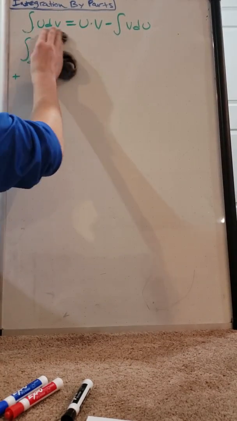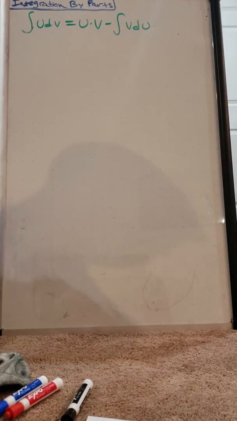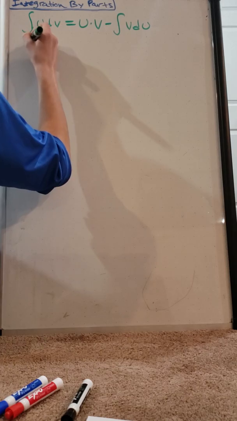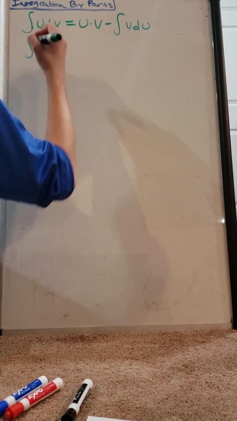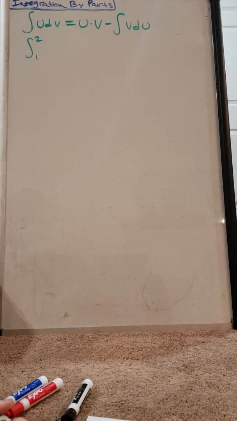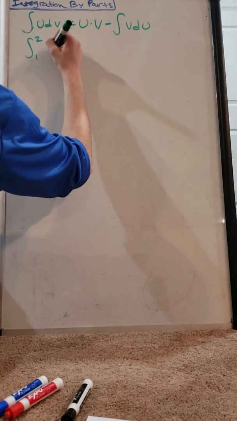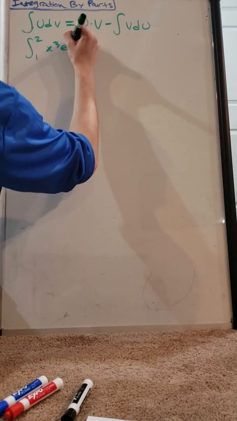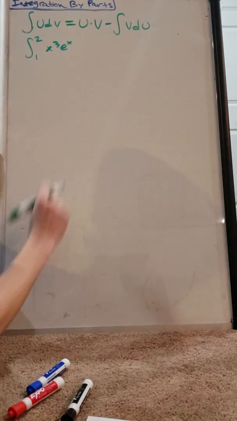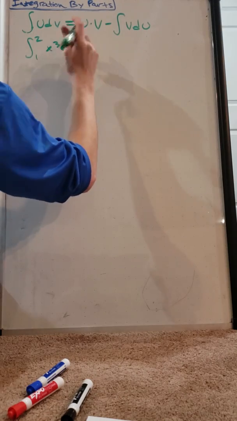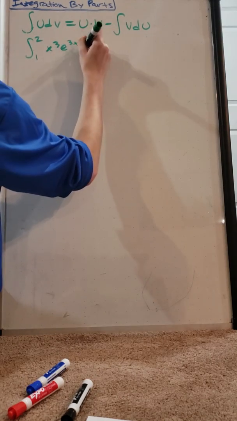For this next one we have the integral from 1 to 2 of x cubed e to the 3x dx.